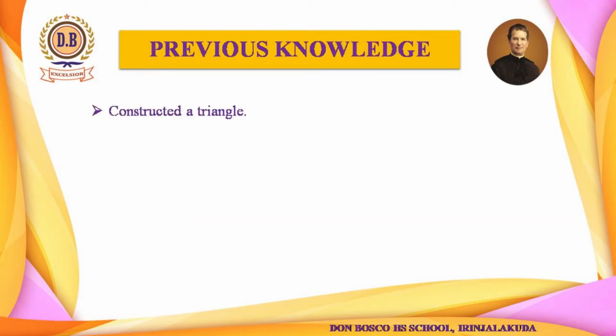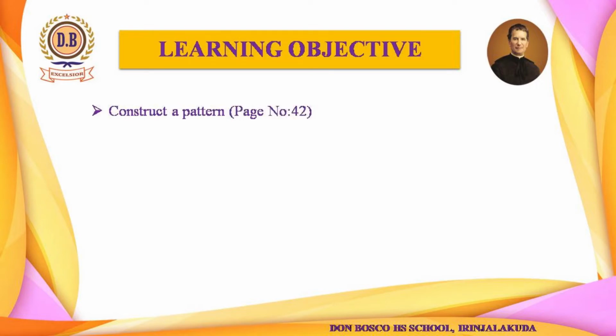In the last class we constructed a triangle using turtle art. In today's class we will be drawing another pattern which is related to a triangle. In your textbook page number 42, extended activity 1, the second diagram B consists of two triangles like a mirror image.